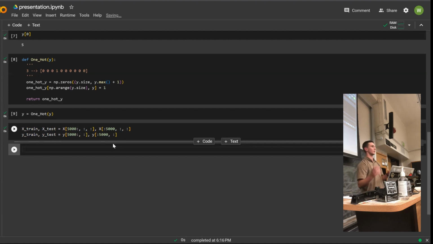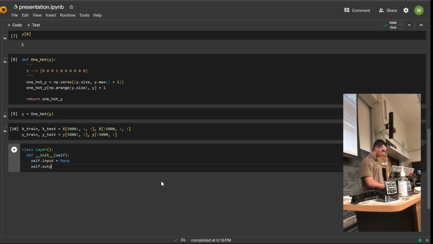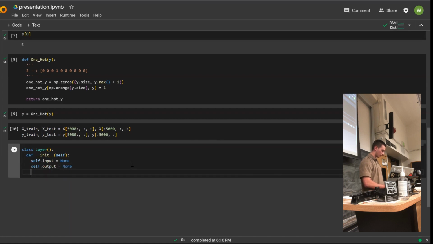Now remember when we talked about the implementation design earlier, we said that we were going to have each layer as its own standalone object. So I'm going to create a base class layer. And this will describe our layers. And the input and output will be specified when we actually call the layer itself.